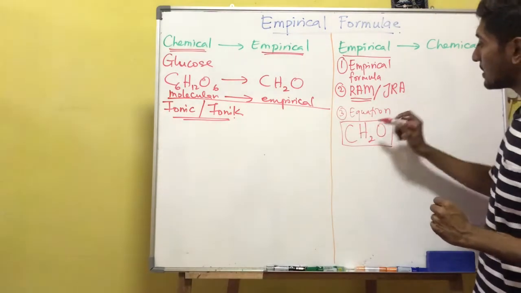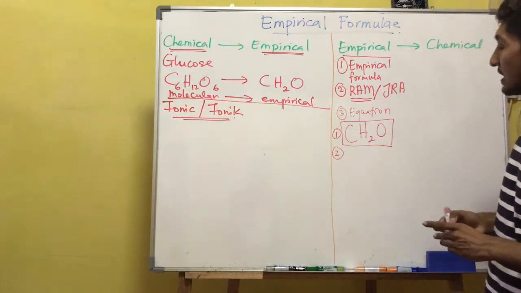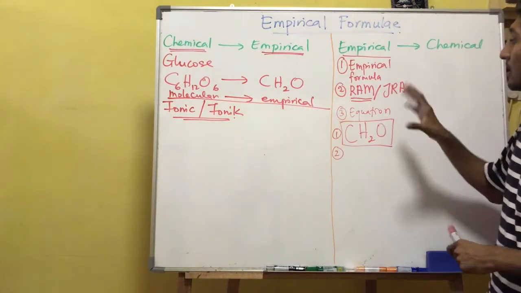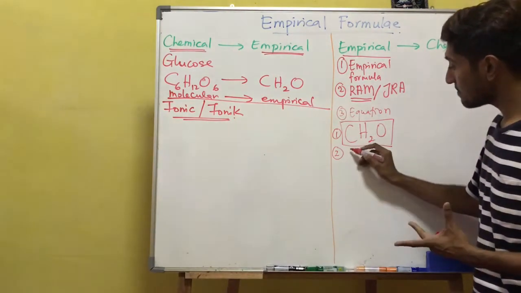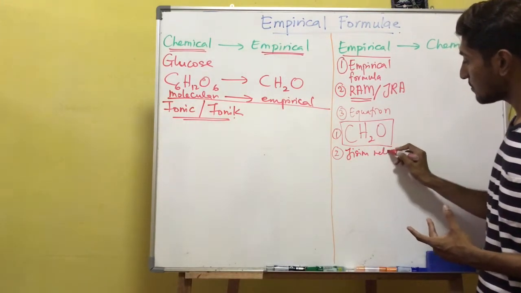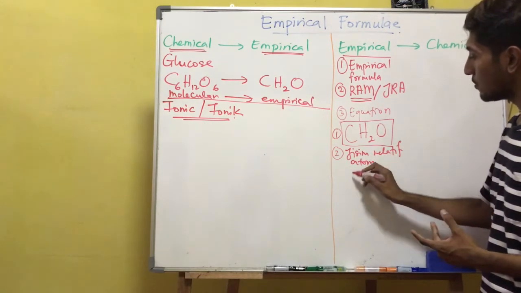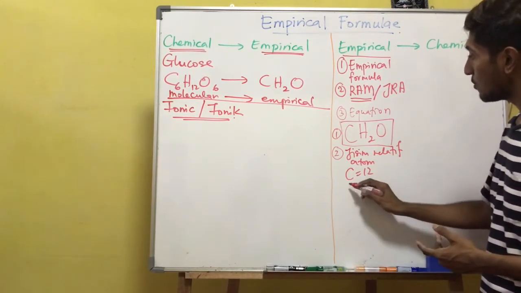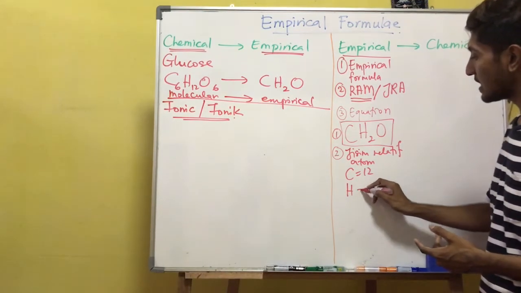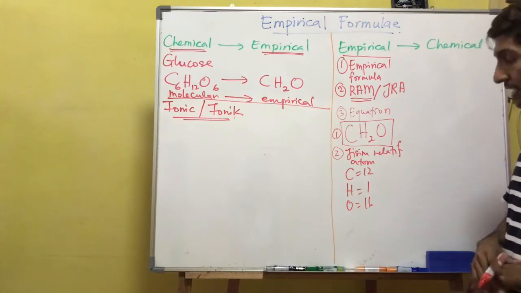Itu maklumat pertama dah ada. Dan dalam soalan pula dia bagi jisim relative atom untuk karbon ialah 12, untuk hidrogen ialah 1 dan untuk oksigen ialah 16. Betul? Okey.